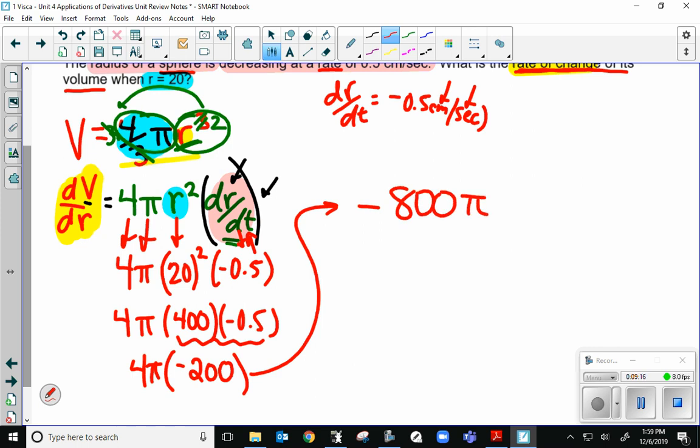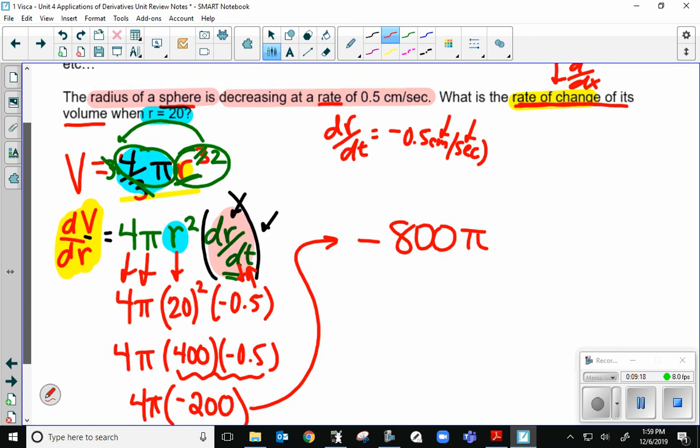But what's my label? It's volume. We know it's in centimeters. Volume is cubed, but it's a rate at which my volume is changing. What's the time? It's in seconds. So negative 800 pi centimeters cubed per second. That's the rate at which the volume of the sphere is changing right at the moment when my radius is down to 20 centimeters.